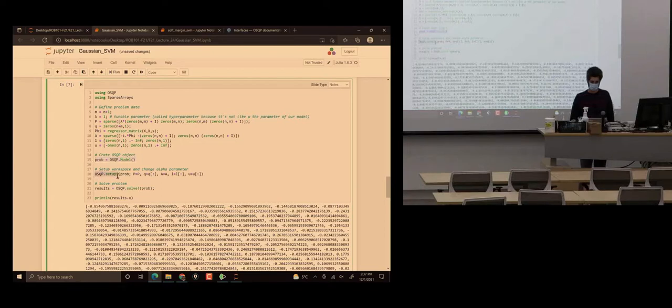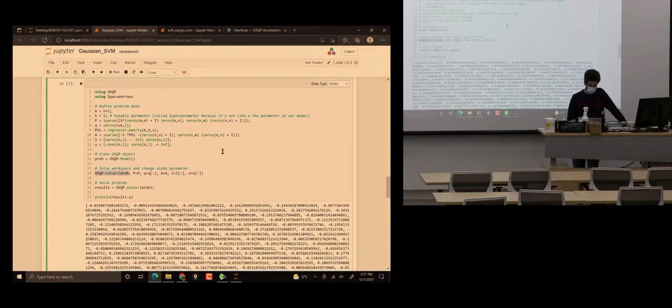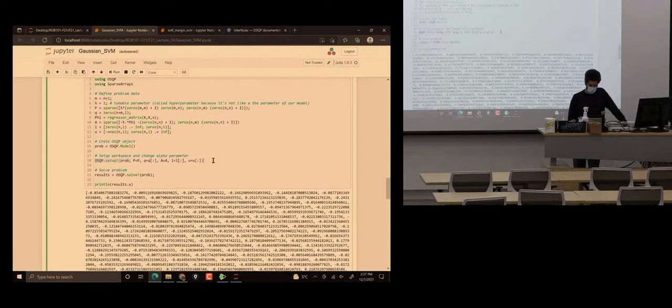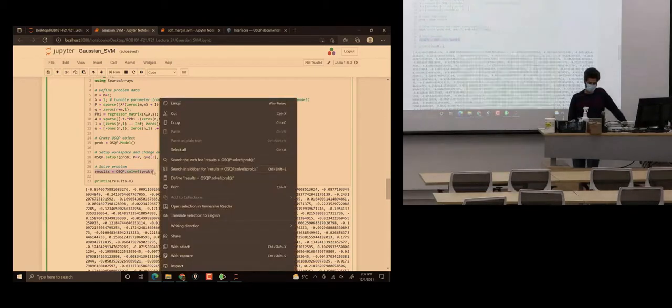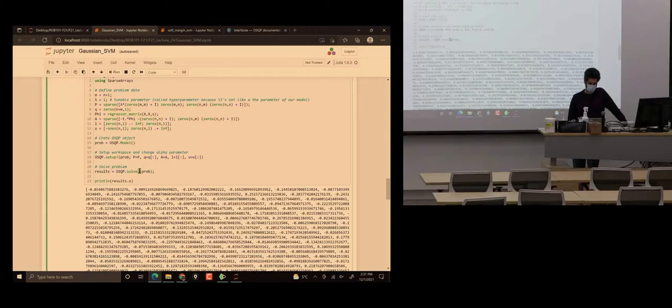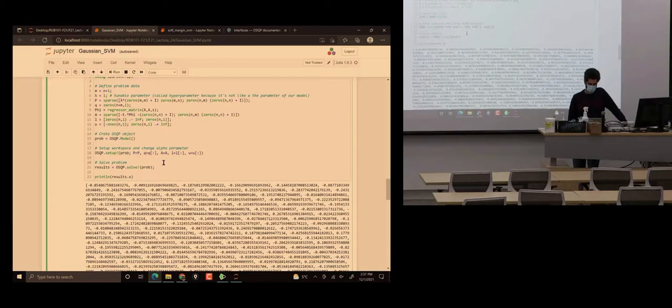Then you set up your problem with this syntax, problem, semicolon, then define P, Q, A, L, and U. Then you can call solve by passing your problem to the solver. You need to use this exclamation mark. And that's it. You have the results.